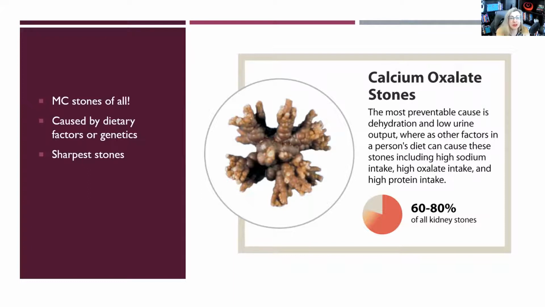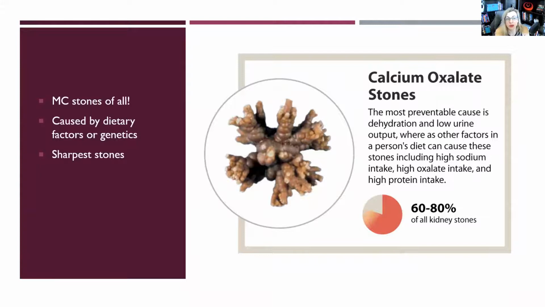These are tending to be the most painful kind of stone because, unlike the cystine stones, which are nice and smooth, and staghorn stones, which don't really go down the ureter because they're so big, don't get me wrong, those still hurt. But these stones are sharp. They're angular. They're not nice, clean river stones.